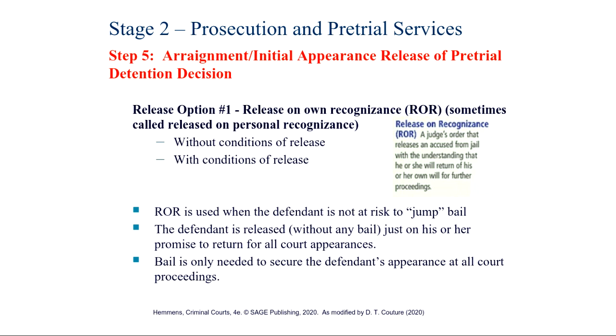And the prosecutor has the defendant's record in front of him or her and can quickly go through and see how many cases has this person failed to show up in court on. And the more of those there are, the higher the likelihood it is that the prosecutor is going to say this is not appropriate for a release on recognizance, this is a bail case, given the repeated failures to appear and defaults.